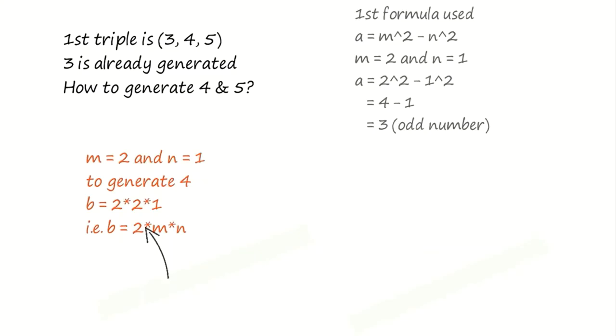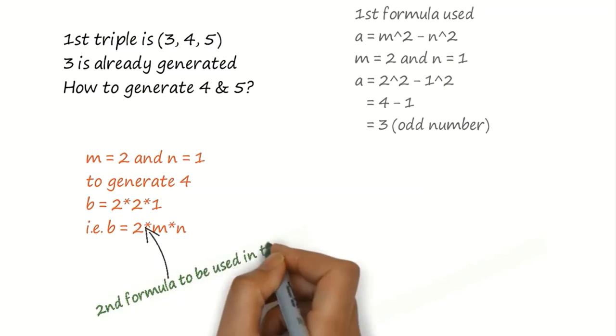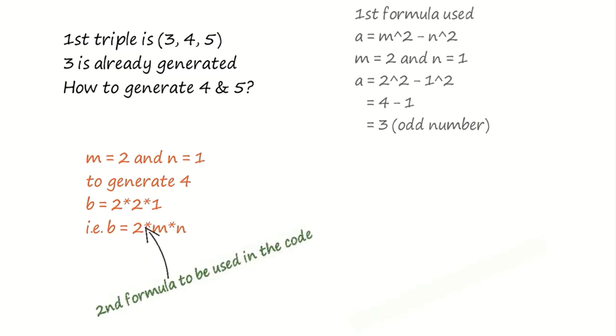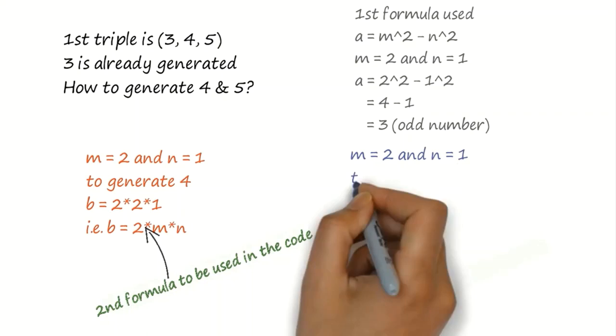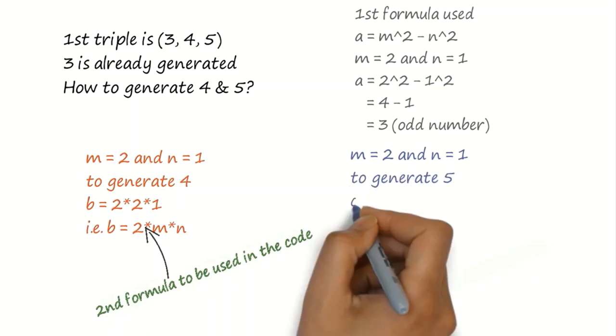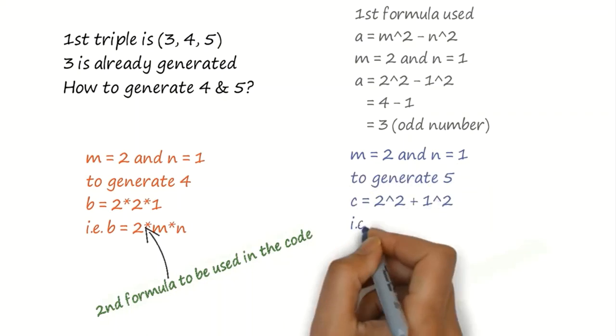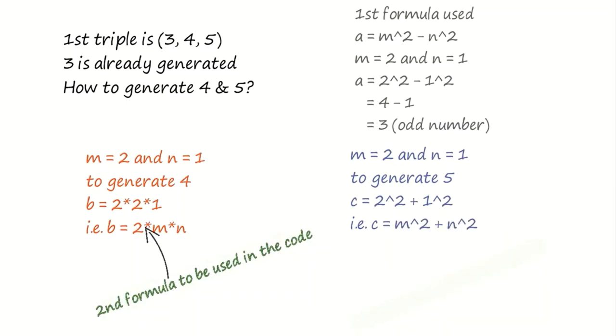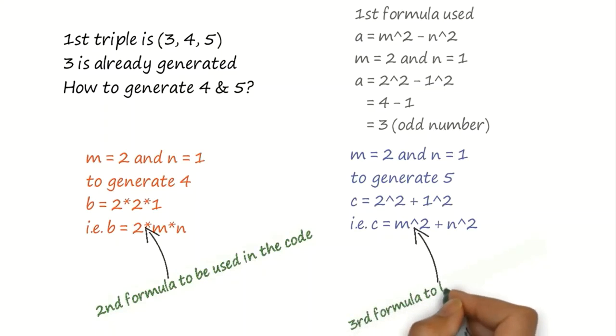Then I will get 4. I will use this as the second formula in my coding. Now, how to generate 5? The 5 will be generated for m equal to 2 and n equal to 1 using the formula c equal to m square plus n square. This is the third formula that we will incorporate in our C program.